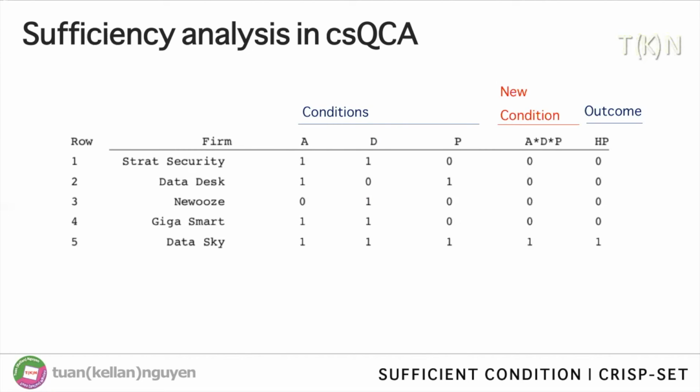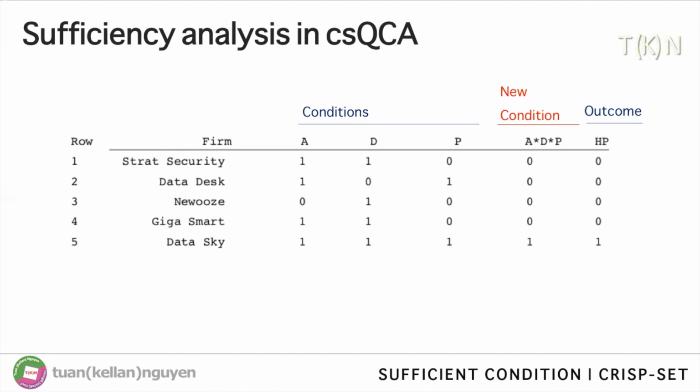Then we add a new column we call A and D and B. That is a new condition, and it represents the membership of all cases in the combined set of A, D, and B. The logical values in that column indicate whether the combination ADB is present in a given case with value 1, or not with value 0.